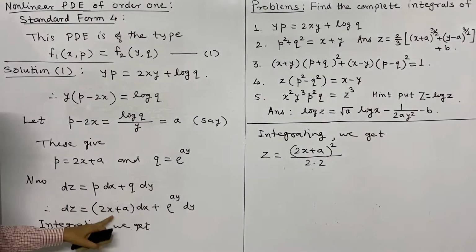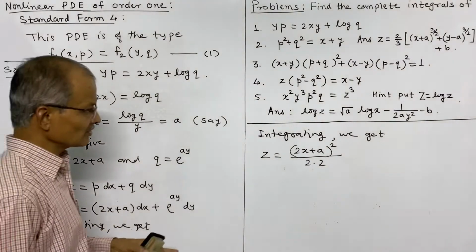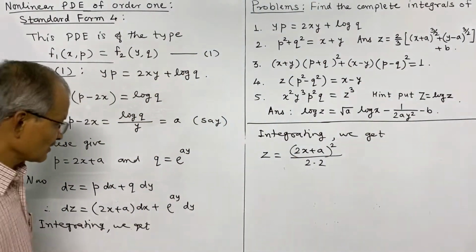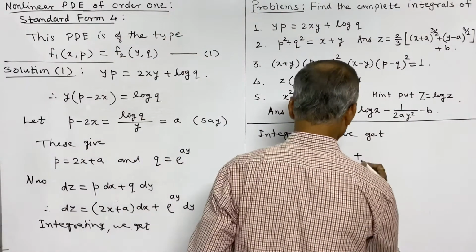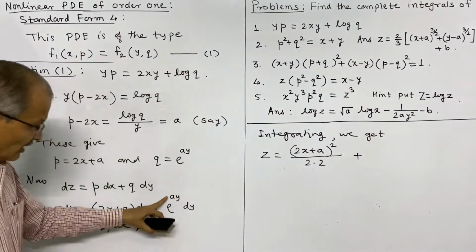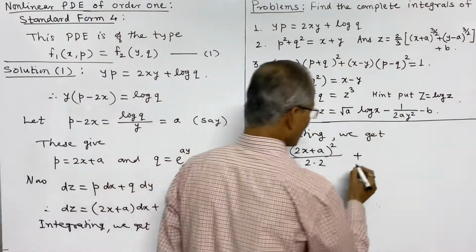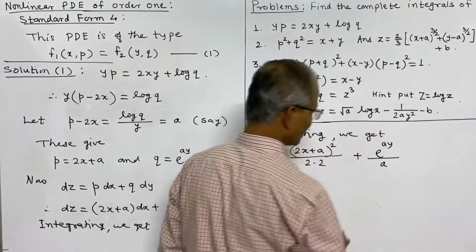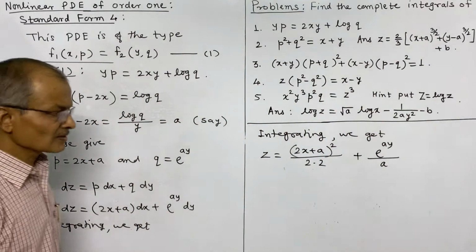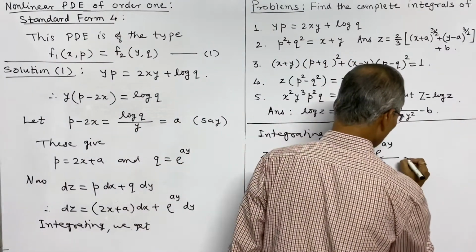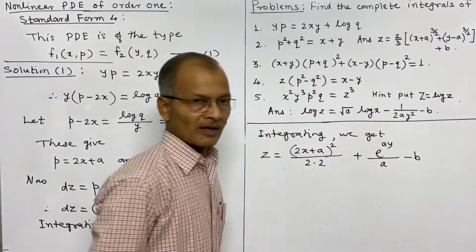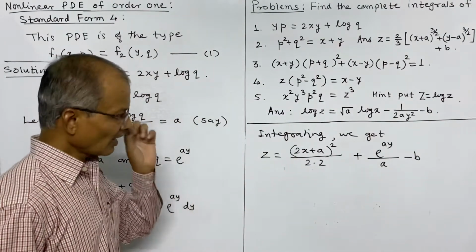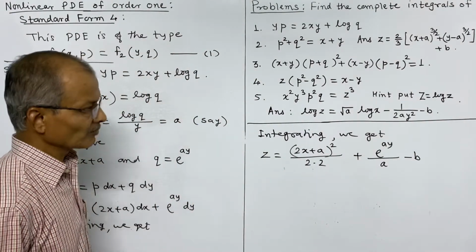The integration of x is x square by 2. The same formula is used here, whole square divided by 2 into 2, and plus the integration of e to the power a into y is again e to the power a into y divided by the coefficient of y, that is a, and plus a constant of integration that may be written as plus b or minus b. Sometimes this b is written on the left side, z plus b, and this is the complete integral.